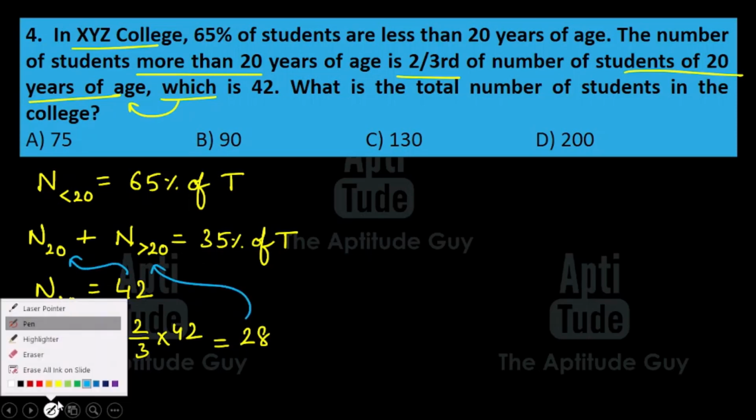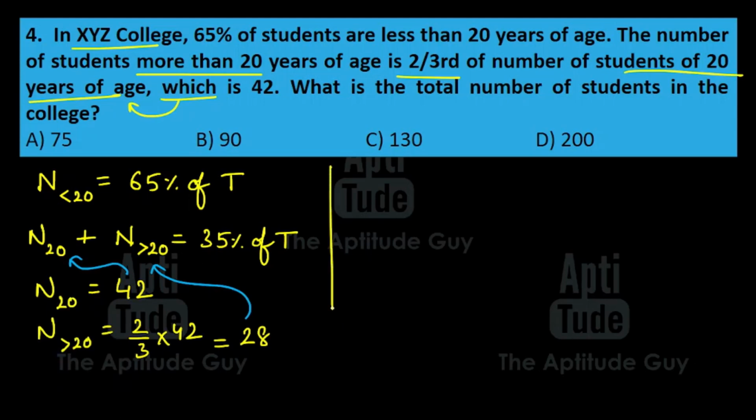And now let's try to solve it. So what happens to this equation now? Number of students of 20 years of age is 42. So we have 42 over here. Plus greater than 20 years of age is 28. So we have 28. This is equal to 35% of total. That is 35 by 100 into total.